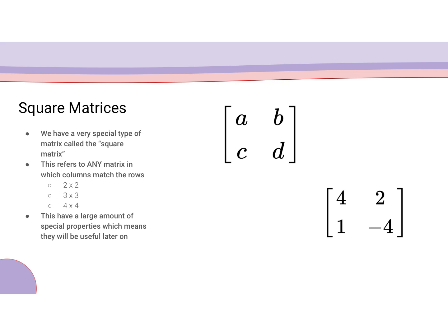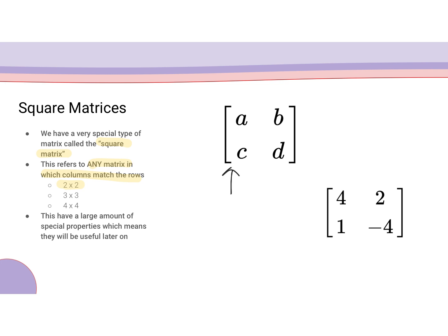So one quick definition that's pretty helpful later on in this little mini unit is called a square matrix. Not that this has any real importance on its own, but a square matrix is any matrix in which columns and rows are exactly the same. So the most common one that we will see is a 2 by 2, but this extends further to 3 by 3 or 4 by 4.